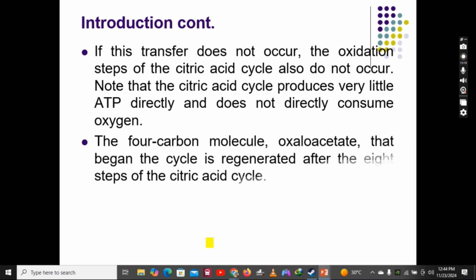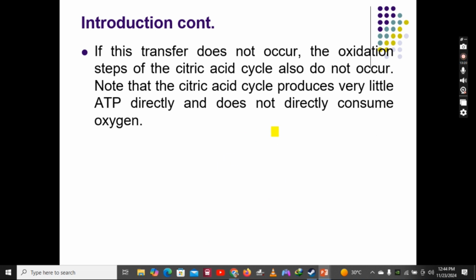If the transfer of electrons does not occur, the oxidation steps of the citric acid cycle cannot take place. So there should be a transfer of electrons, and that's why we have those two electron carriers, NAD and FAD. They are able to accept the electrons, and once they accept those electrons, the TCA cycle can take place.